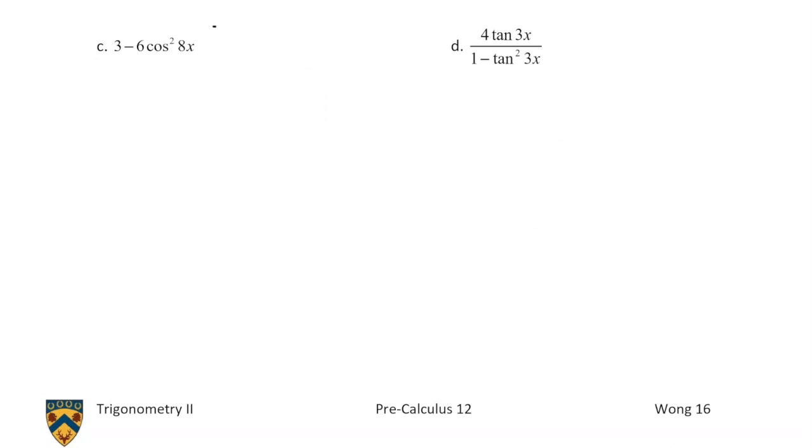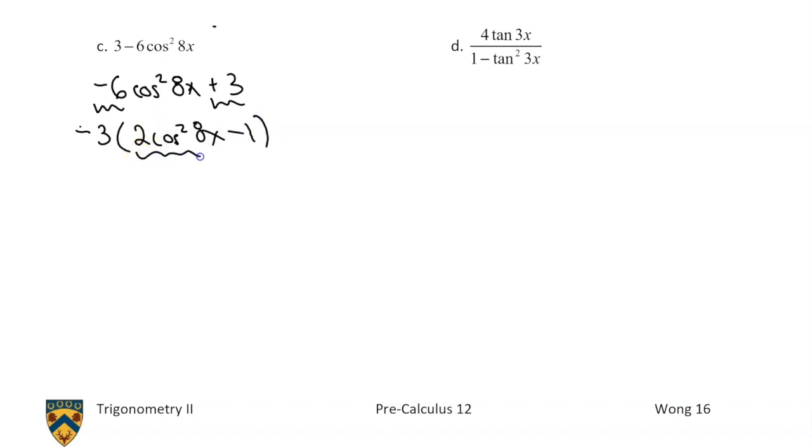Part C now might be a little bit confusing because when we look at this, it may come across as being backwards. In fact, let's do a little bit of algebra to try and manipulate this and make it look better. If we rearrange it and said this was negative 6 cos squared 8x plus 3, and we factor out a negative 3, then we'd be left with 2 cos squared 8x minus 1.